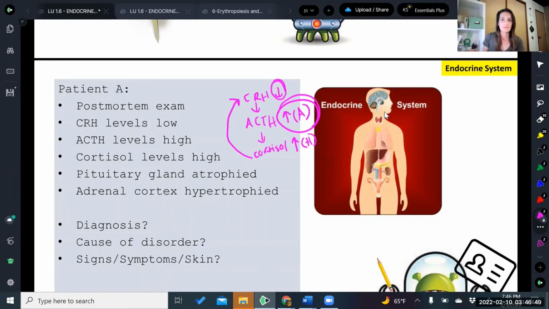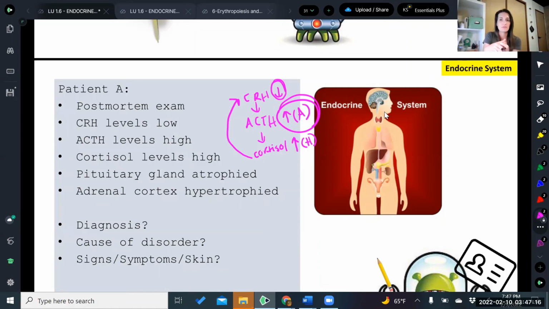So that's a signature that you would be looking for if we were looking at a scenario that's not rats being injected, but an actual person, and asking, are they undergoing hormone replacement therapy? We're looking for that disconnect between the levels that we're measuring in the blood for the hormone and the size of the gland organ that's producing that hormone.